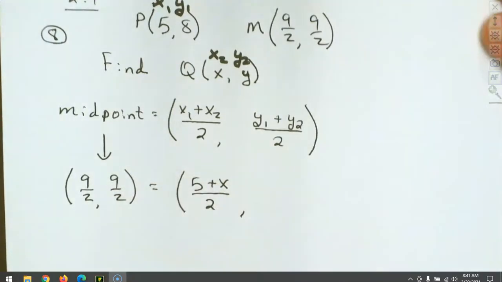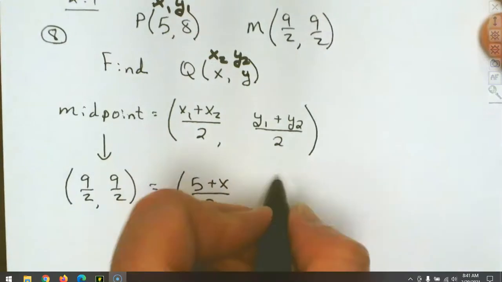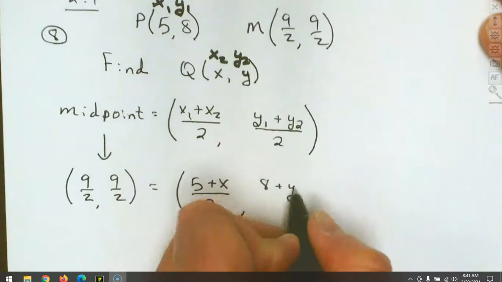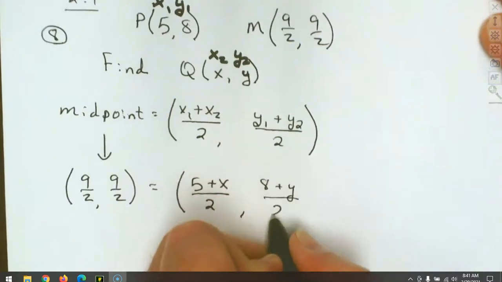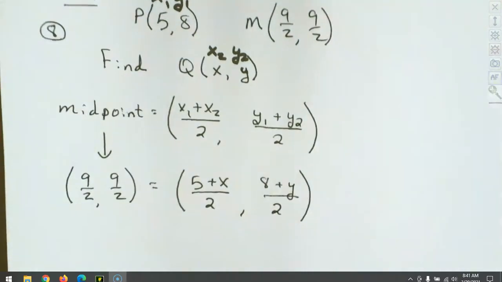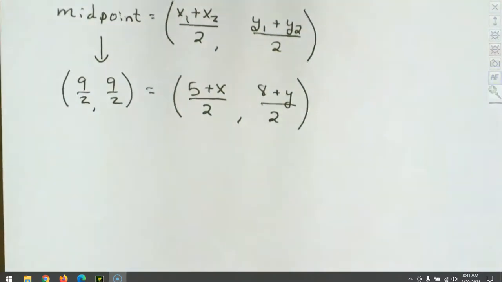And then what about the y's? Well, we know y1 is 8, y2 is y, and that's going to be over 2. So is everyone okay with that so far?